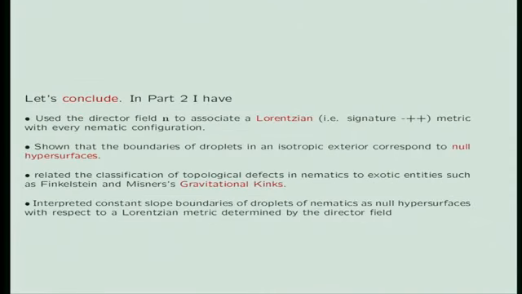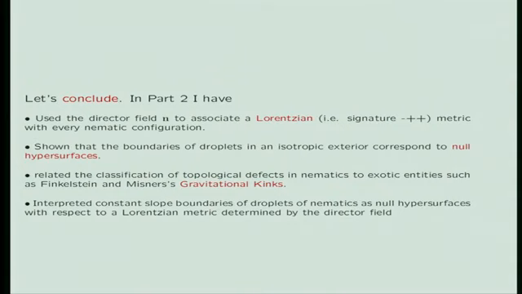So let me conclude the second part. What I've done in the second part is to associate with every director field, unit vector field, a Lorentzian metric, and in particular every nematic configuration has such an associated metric.